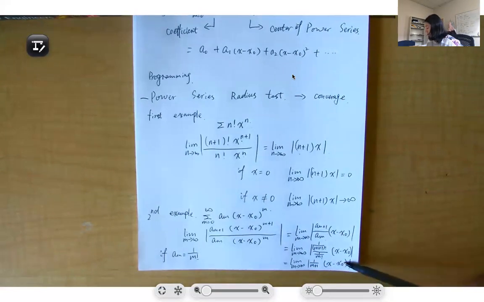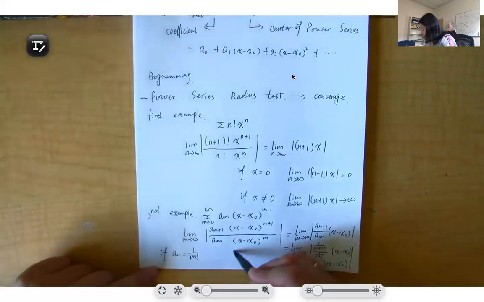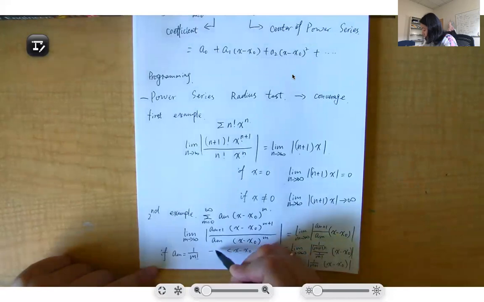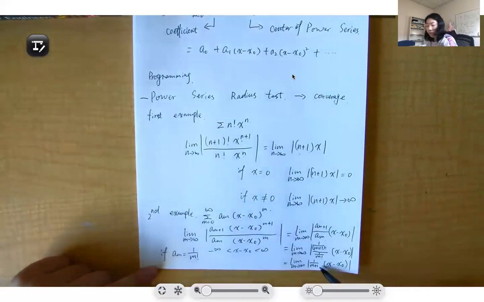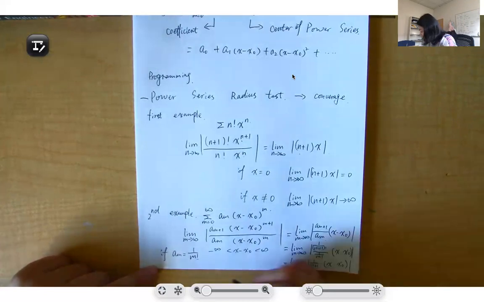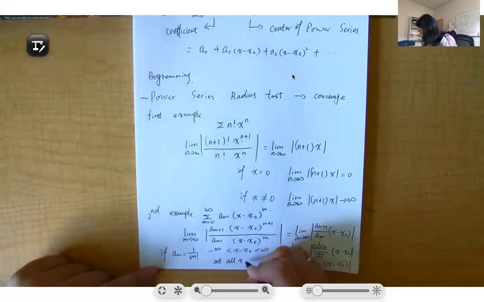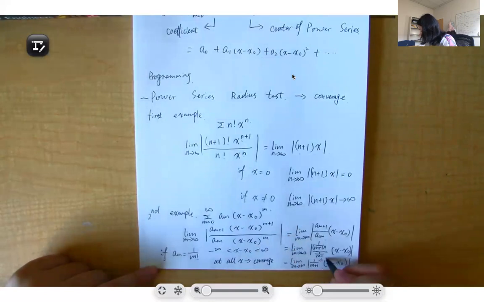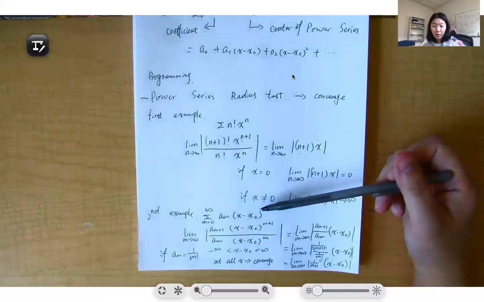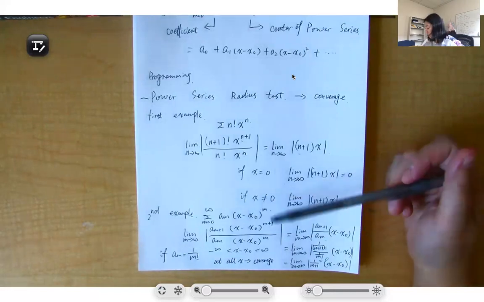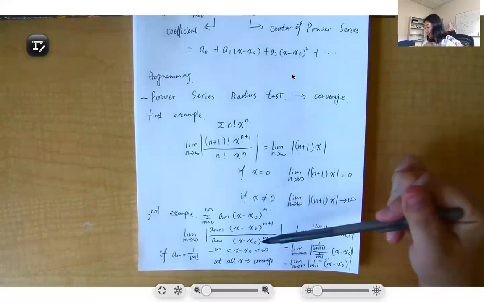So whether x minus x naught is toward negative infinity or positive infinity, it will all converge, because this term is essentially 0. For the exponential function, it converges at all x, because the ratio goes to 0 at the m plus 1 step, with any chosen x value.